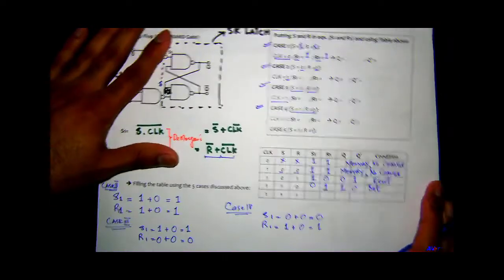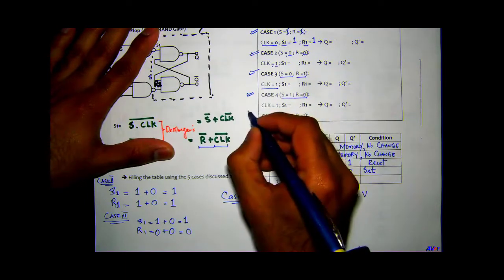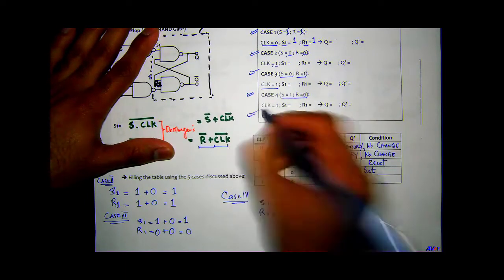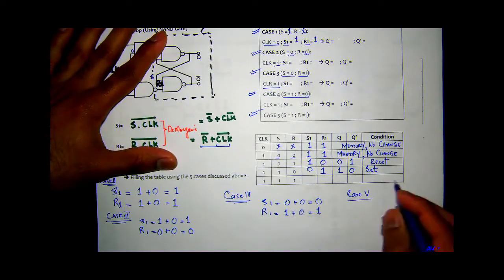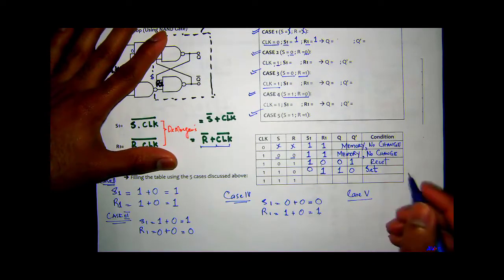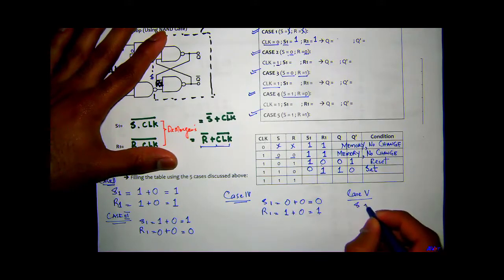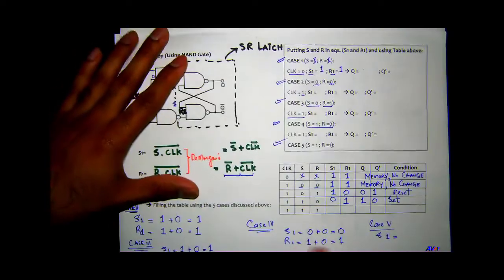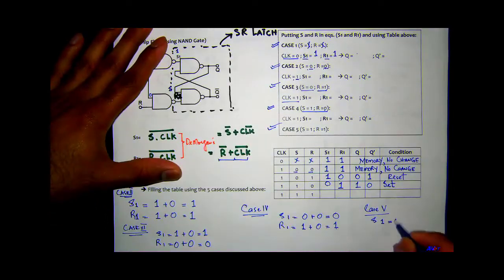Similarly, the last case that we have, which is case number 5, is right here. Here we have both S and R set to high, and clock is high. So S is high, clock is high, so invert of that would be 0 plus 0, so we get 0 here.